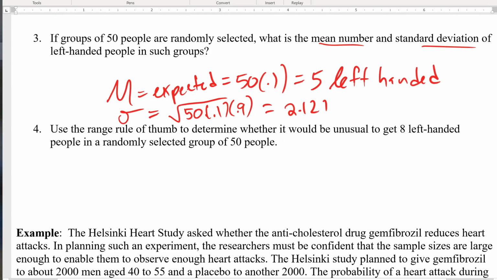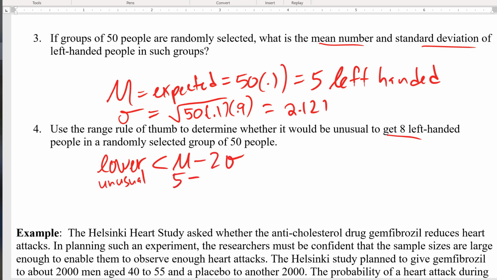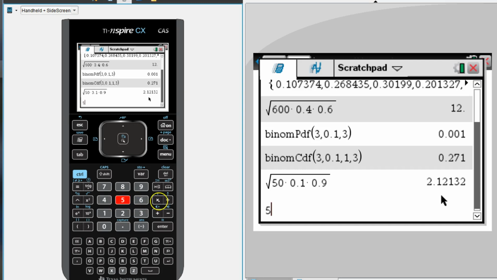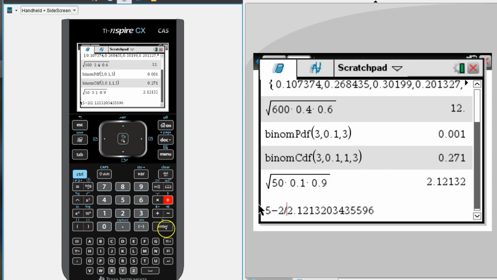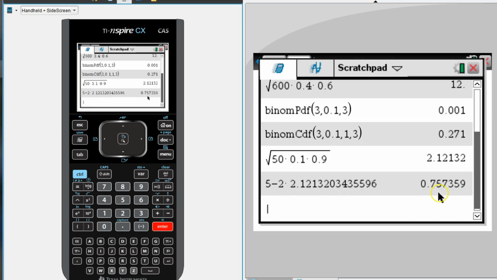Use the range rule of thumb. Would it be unusual to get 8 left-handed people? Well, what would our lower unusual be? Well, less than the mean minus 2 standard deviations: 5 minus 2 times 2.121. So 0.757.